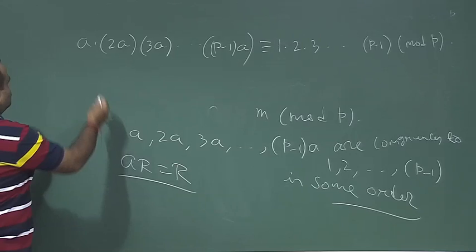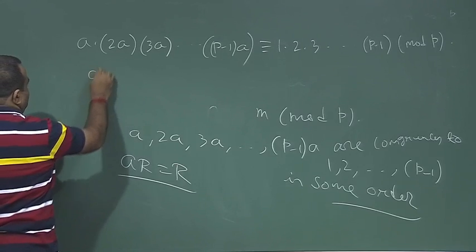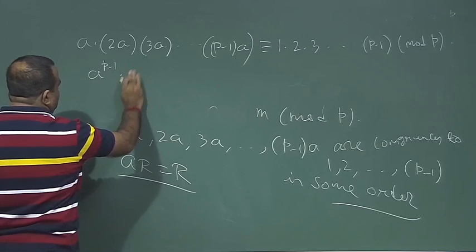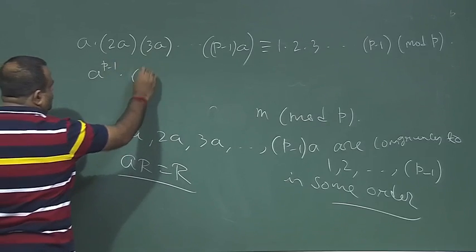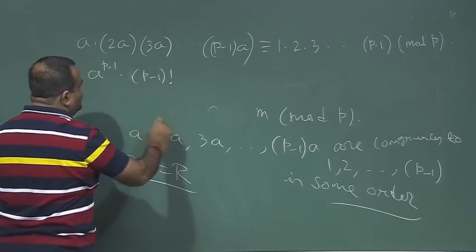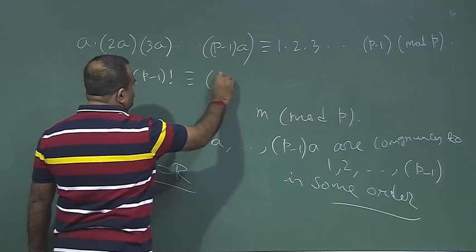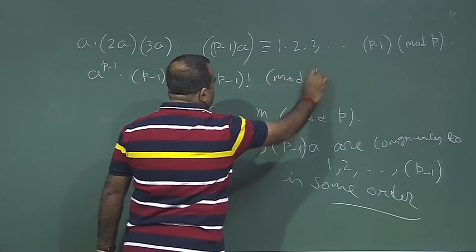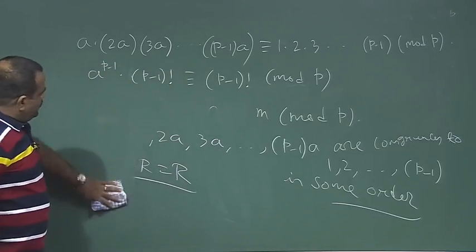So, this will give us what? We can take A common: A to the power P minus 1 into 1, 2, 3 up to P minus 1. So, P minus 1 factorial is congruent to P minus 1 factorial mod P. Okay.